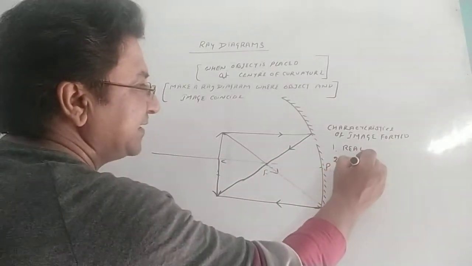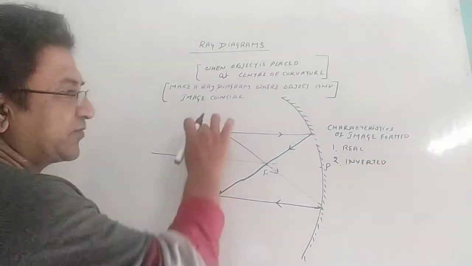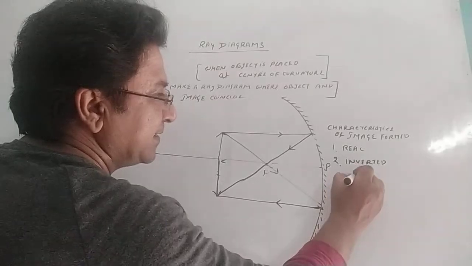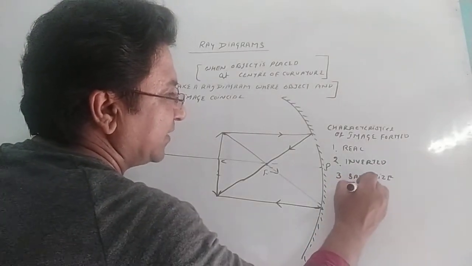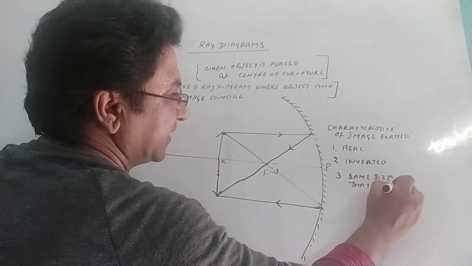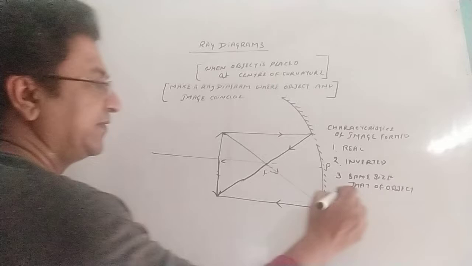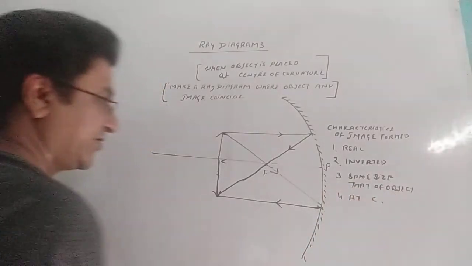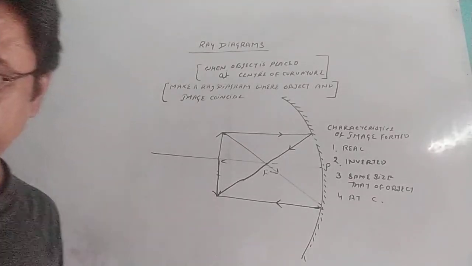Yes, always real images are inverted, but of the same size as the object. And where is it formed? At center of curvature only. So this is the fourth ray diagram on the concave mirror.